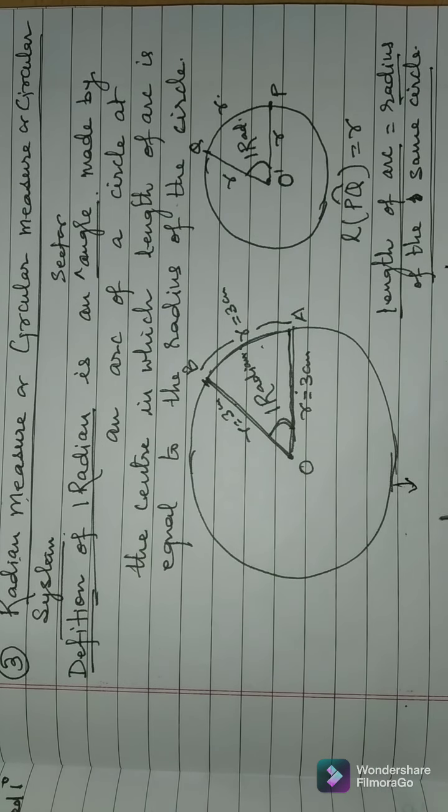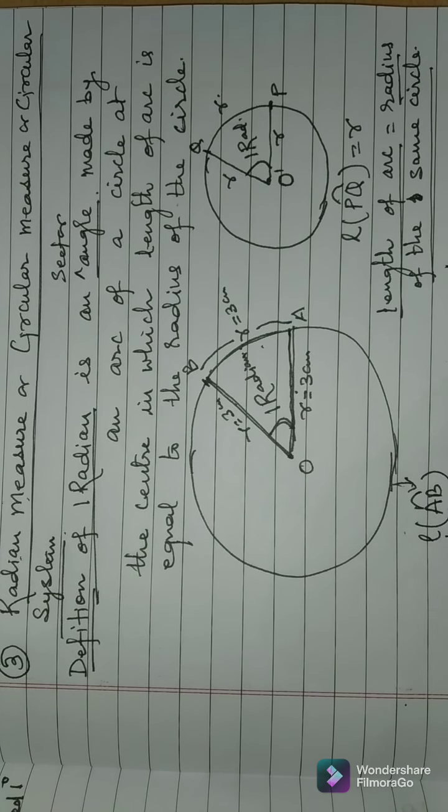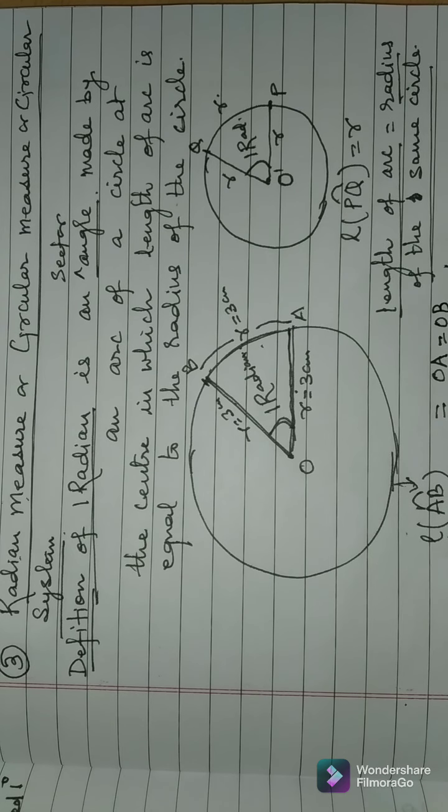Here I have taken the length of the arc. Suppose the length is L for the length of arc AB, and OA or OB, both are suppose 3 centimeter.